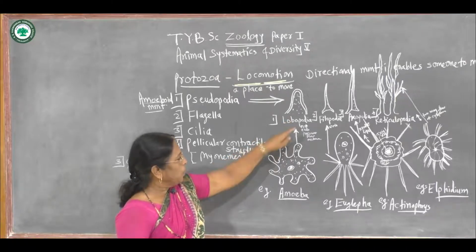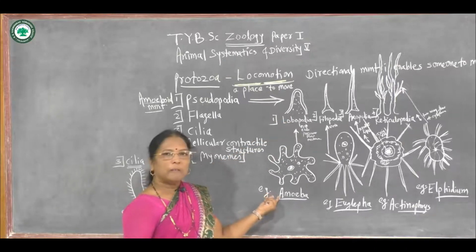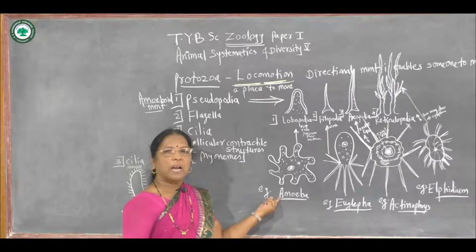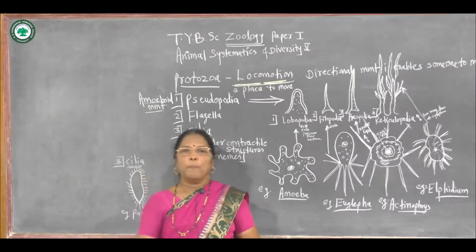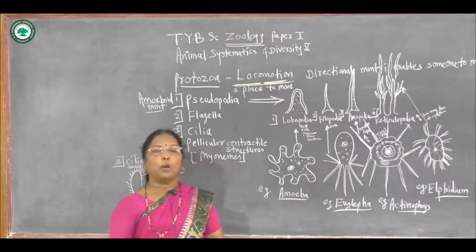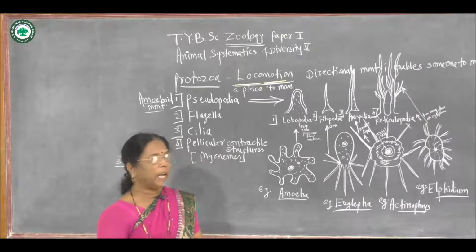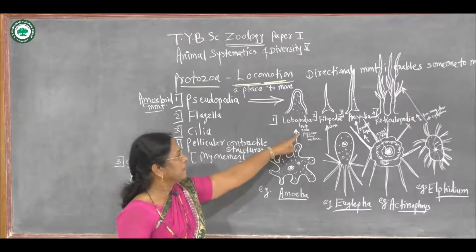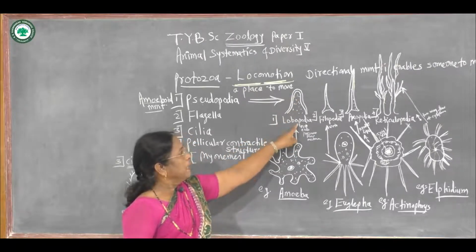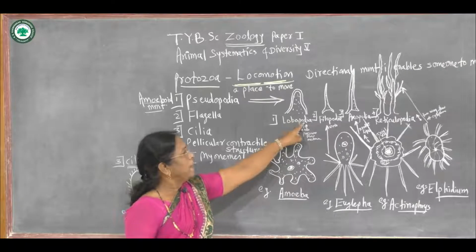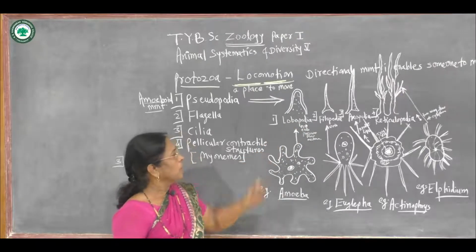These lobopodia are found in amoeba and entamoeba. These lobopodia are formed by the streaming flow or pressure flow of endoplasm or ectoplasm. Lobopodia: lobe means lobe like, podia means foot, locomotor organ foot.